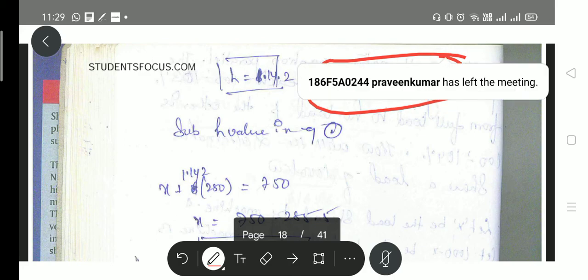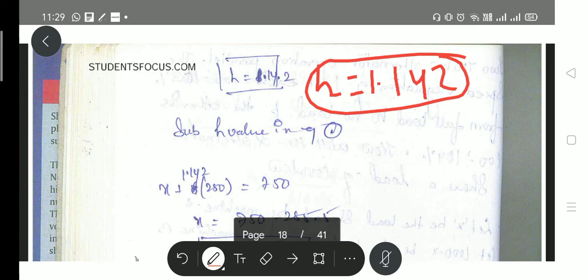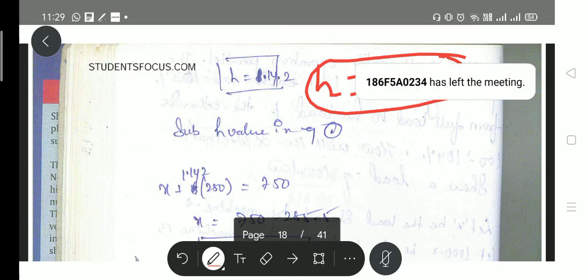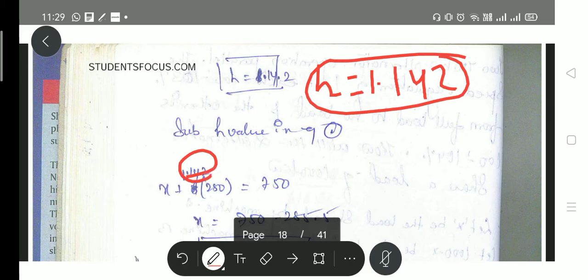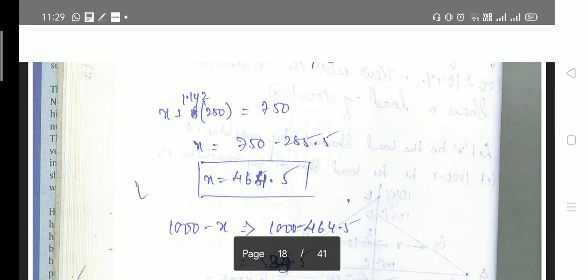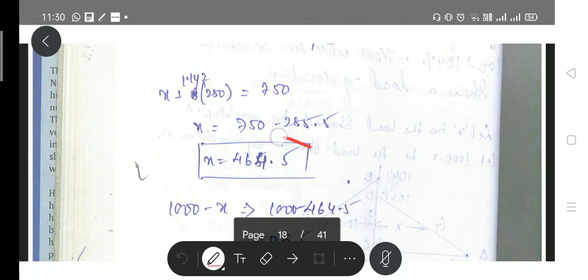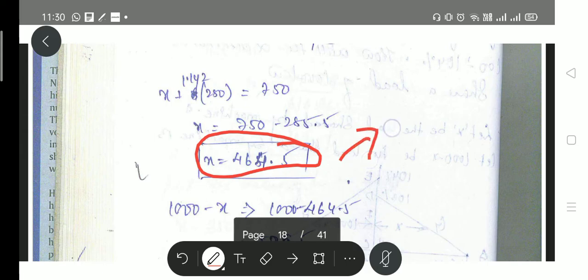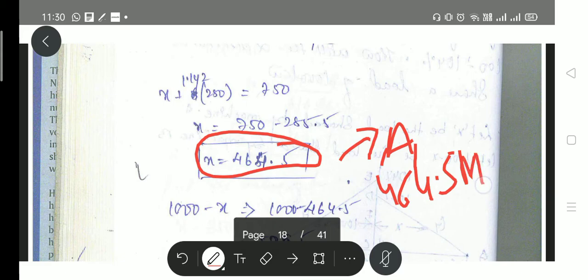Substituting the H value in the first equation, we will get the X value. The X value is 464.5. This is the power supplied by the A load, 464.5 megawatts.